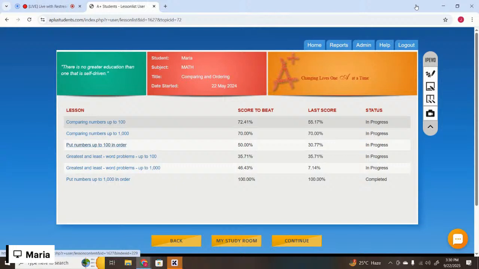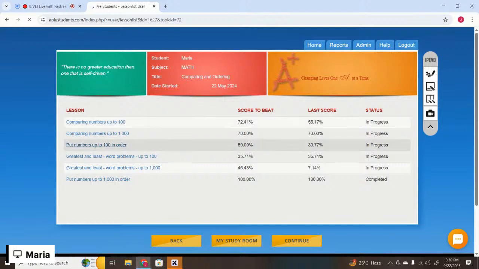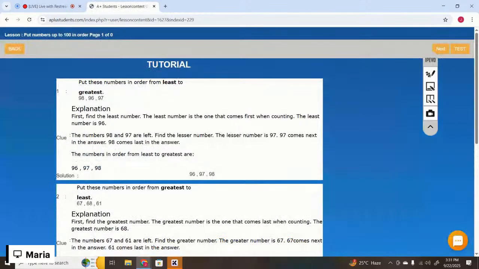Put numbers up to 100 in order. Put these numbers in order from least to greatest. 98, 96, 97.